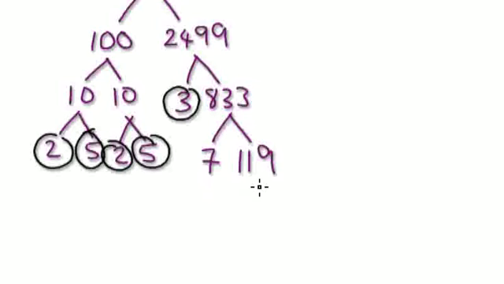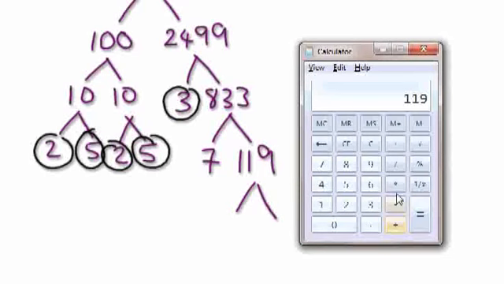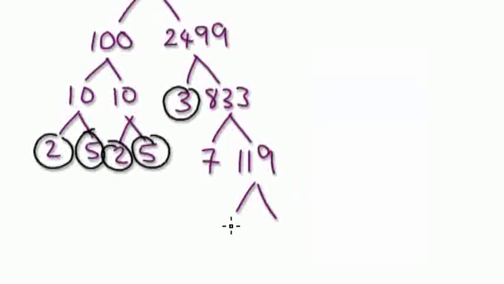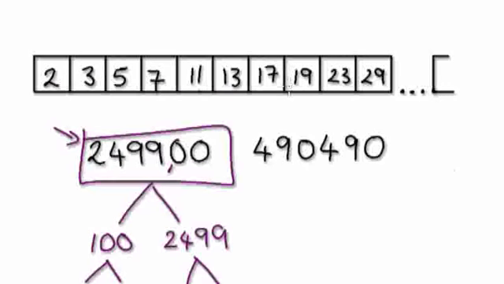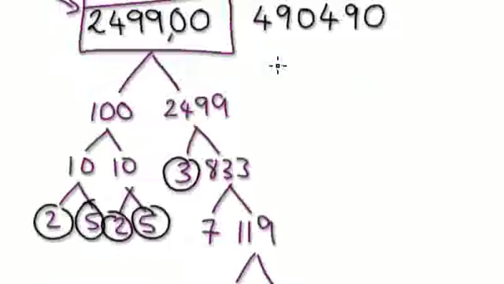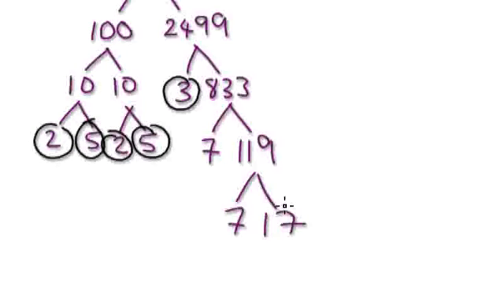Now let's see if 119 divides by 7 again. Let's see if it's a whole number. Yes, it is. So think of 119 as 7 times 17. And I think 17 is a prime number. Yep, 17 is a prime number, so we can stop at 17.